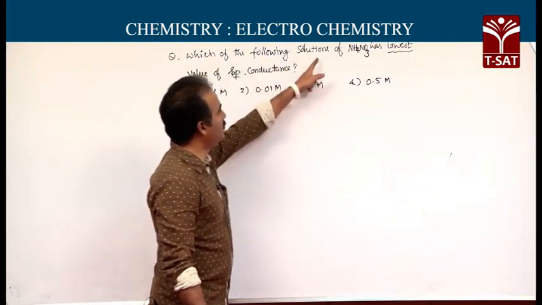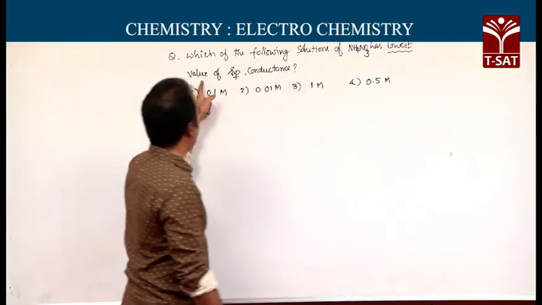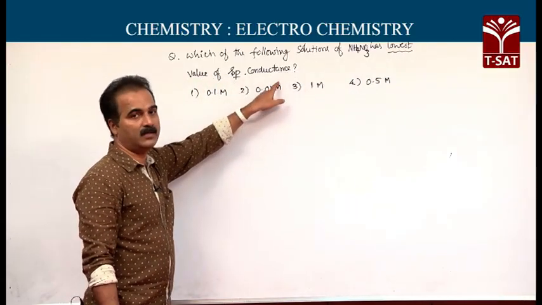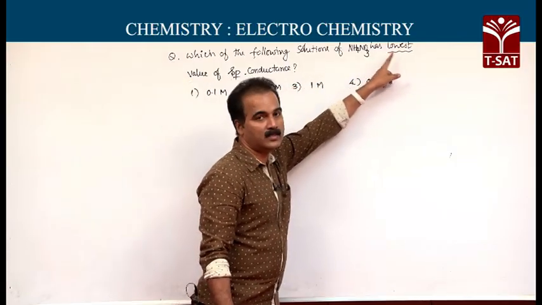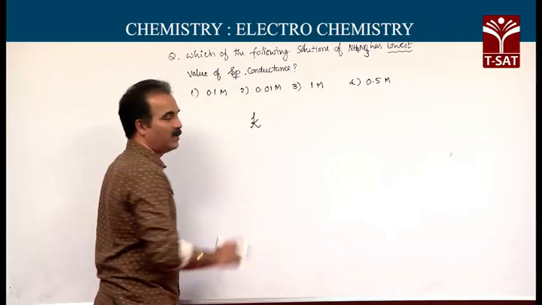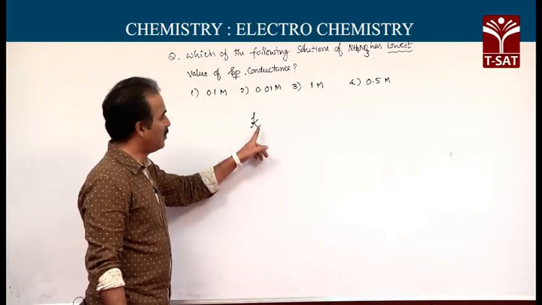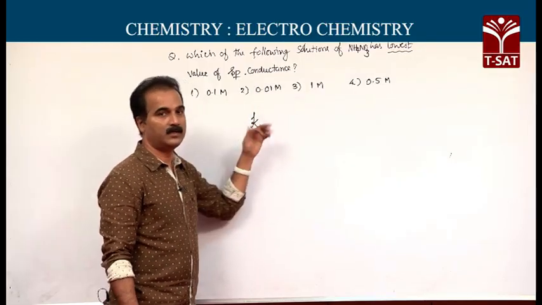Which of the following solutions of ammonium nitrate has lowest value of specific conductance? Here it is specific conductance that is asked, and that too lowest specific conductance. Specific conductance is represented by K, and how does it change with dilution?